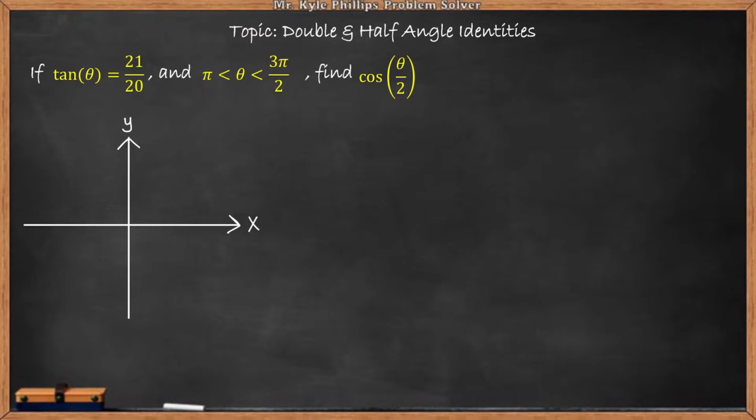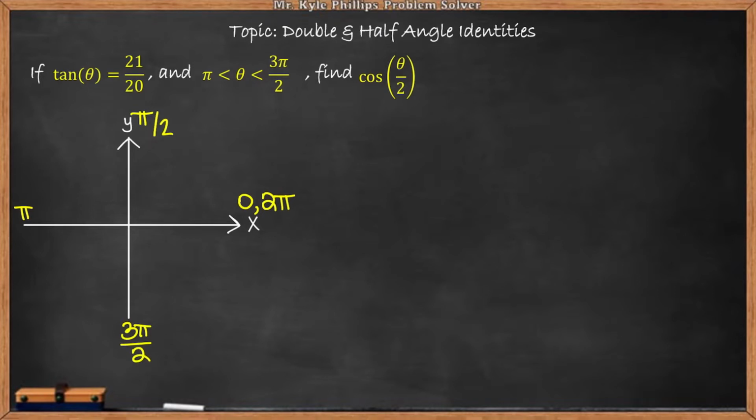Well, the first thing that we want to do is figure out where our reference angle is. They told us that theta here is in between pi and 3 pi halves. Remember, that's referencing the unit circle. We start at 0 and end at 2 pi. This is pi over 2, pi, and 3 pi halves.